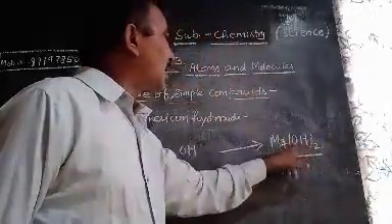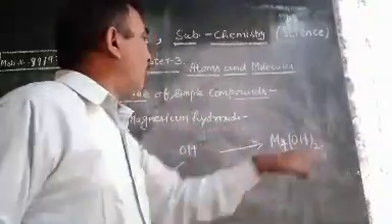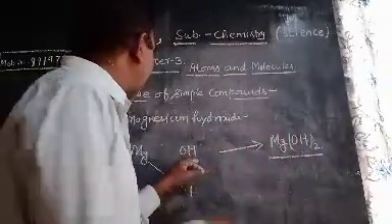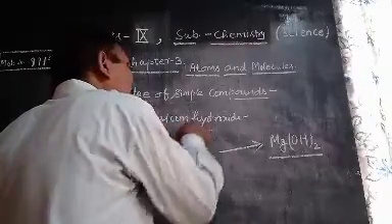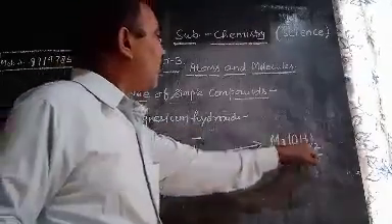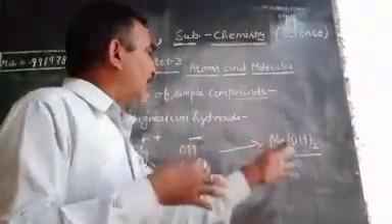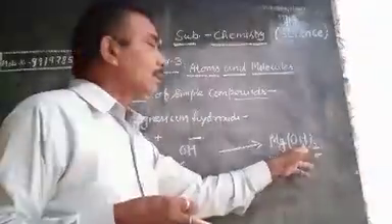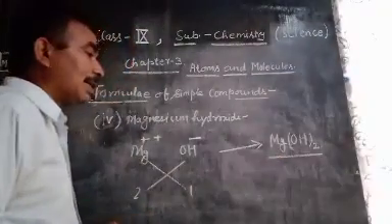It expresses 2 oxygen and 2 hydrogen atoms are joined, which are called hydroxyl ions, joined by magnesium and forming magnesium hydroxide.